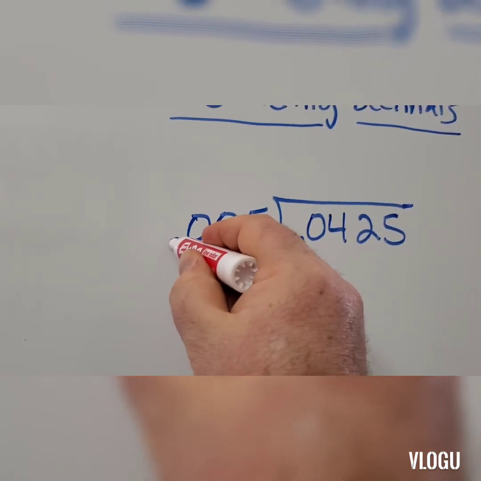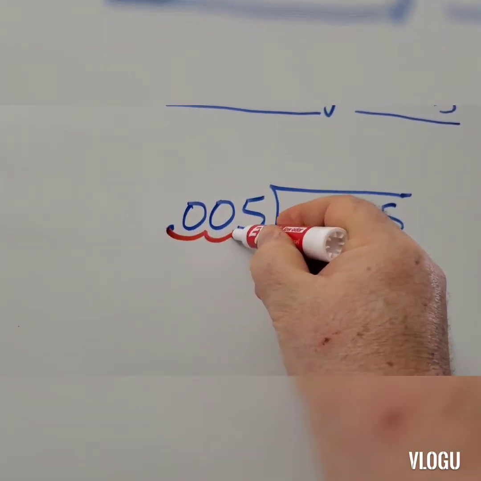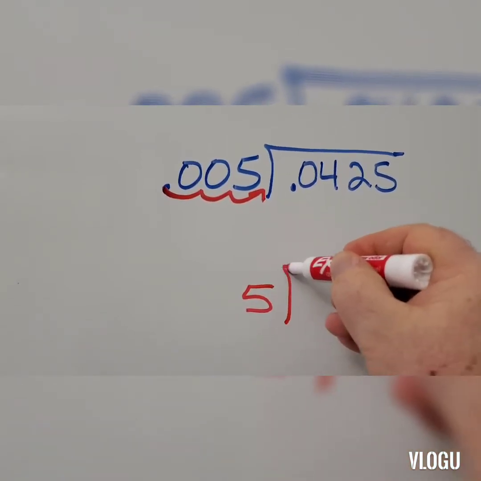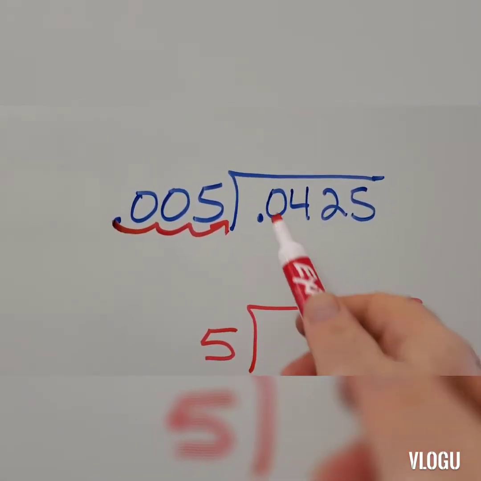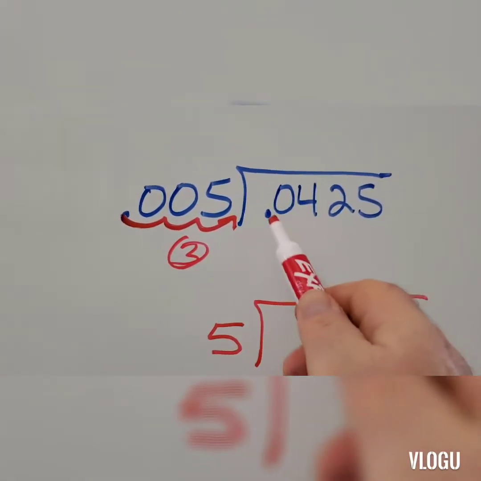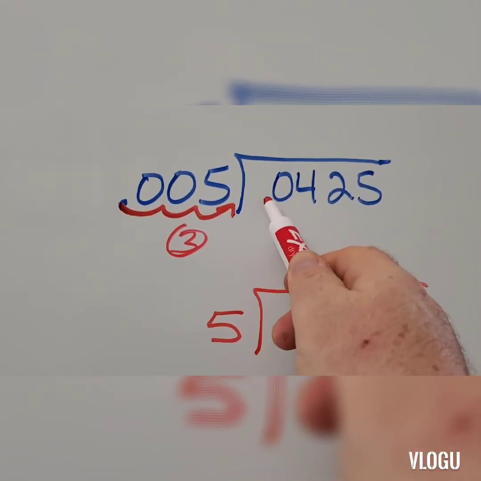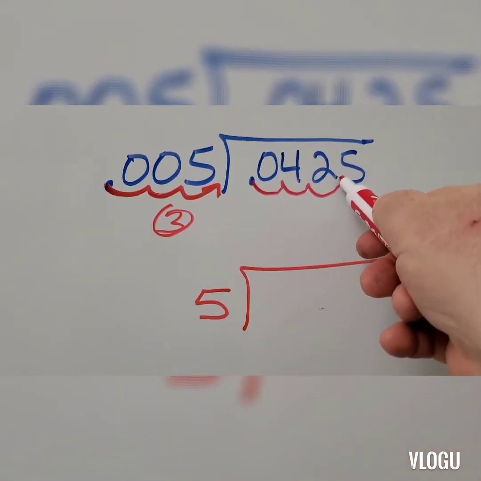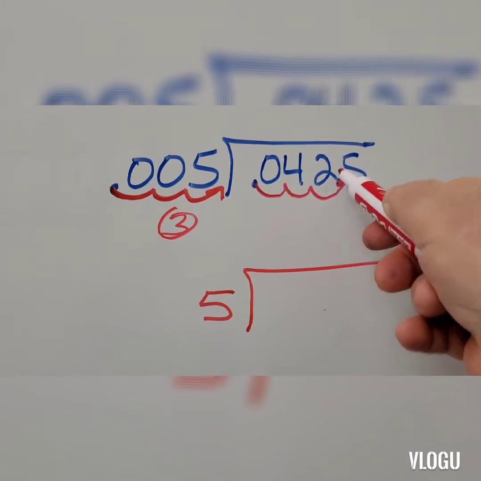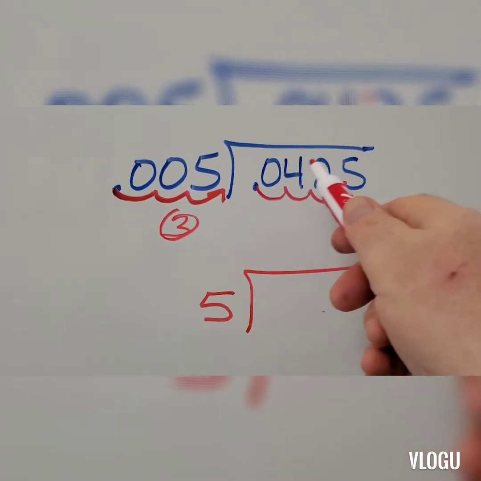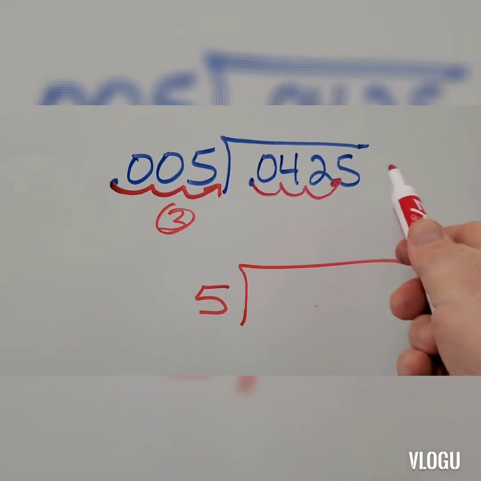So I'm going to dance to the right 1, 2, 3 times to make that a 5. If this slid 3 spots, this decimal also has to slide 3 spots. 1, 2, 3. So now I have 42.5 or 42 and 5/10.